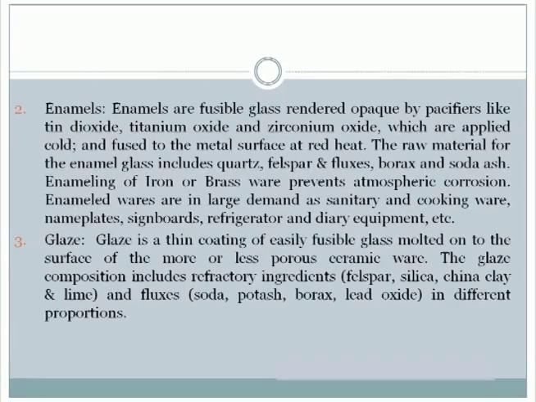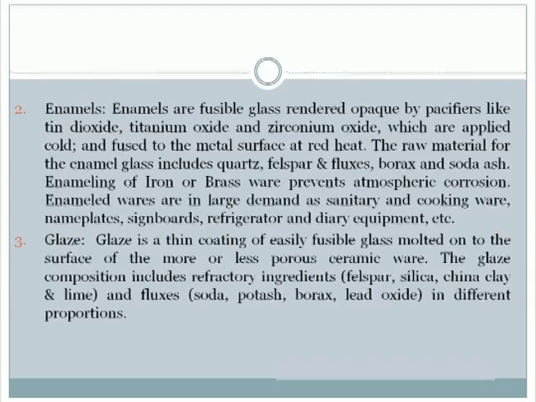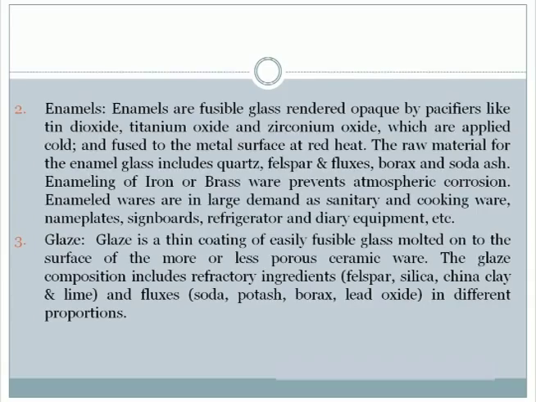The raw materials for the enamel glass include quartz, feldspar, and fluxes, borax, and soda ash. Enameling of iron or brass ware prevents atmospheric corrosion. Enameled wares are in large demand as sanitary and cooking ware, nameplates, signboards, refrigerators, and dairy equipment, etc.